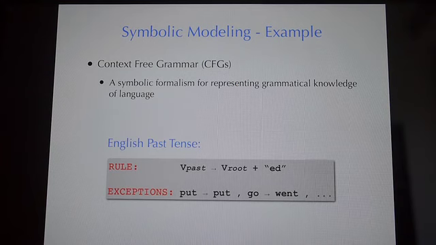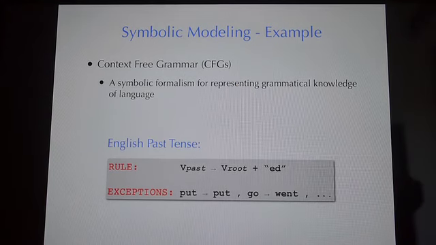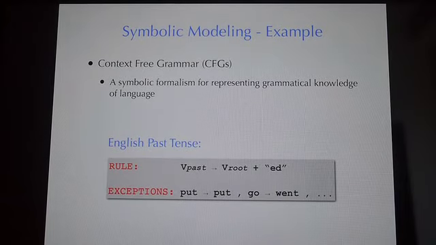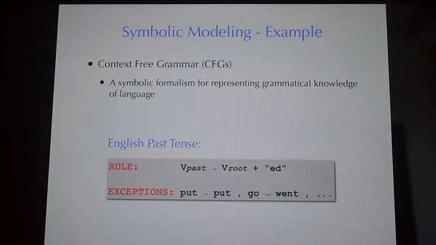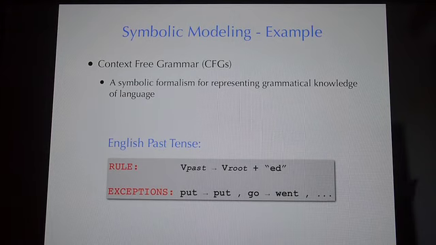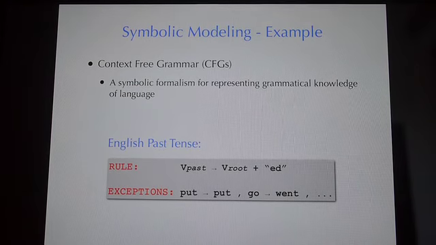So rules such as this: in order to form the past tense form of a verb in English, you have to add ed to the root form of the verb, are displayed and represented in a logical form the way I'm showing to you here on the slide. Again, as we know, there are several exceptions to these general rules, and you can list those under the rule. For example, the verb put doesn't follow this general rule. The verb go doesn't follow this general rule.